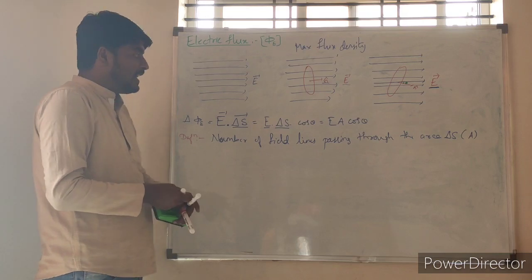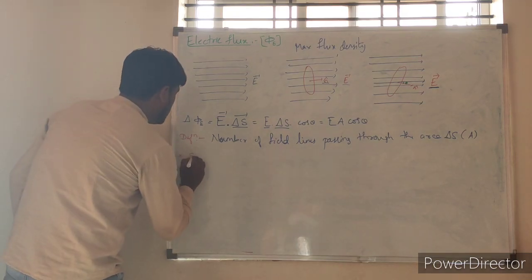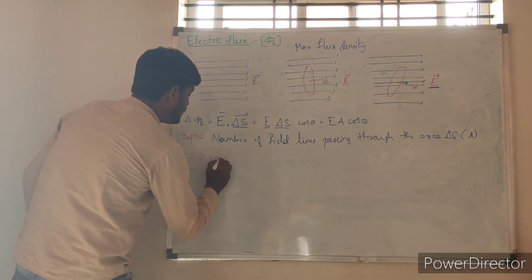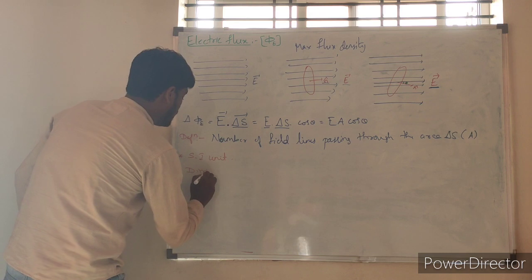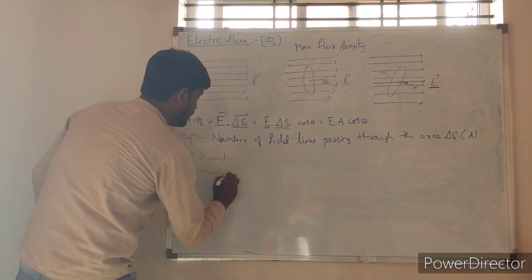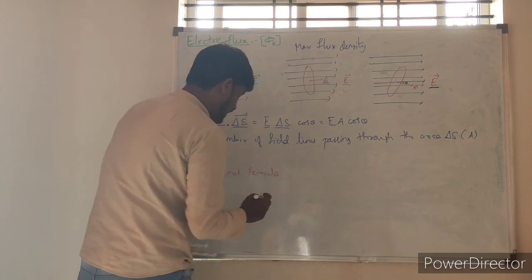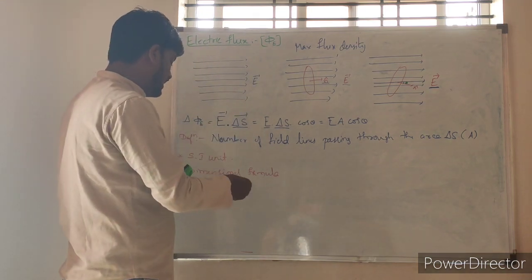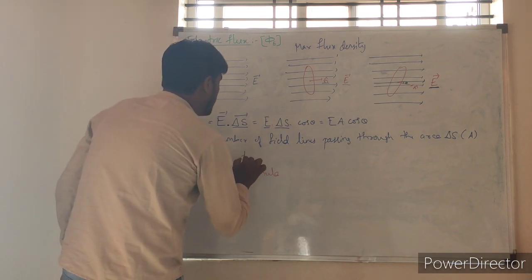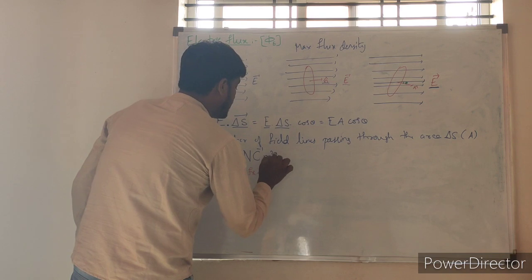Then let me write the SI unit of electric flux and the dimensional formula. At one time it was asked, write the SI unit of electric flux. The SI unit of electric flux is Newton per coulomb meter square.